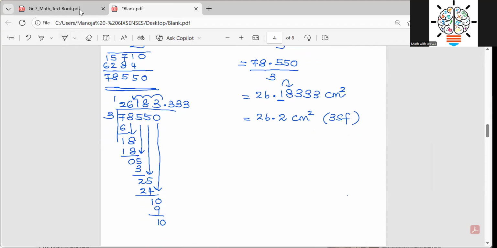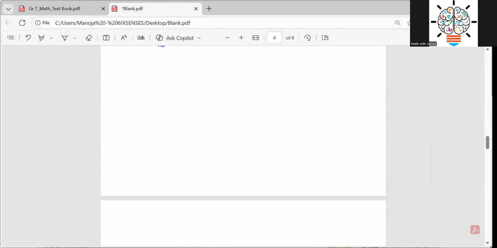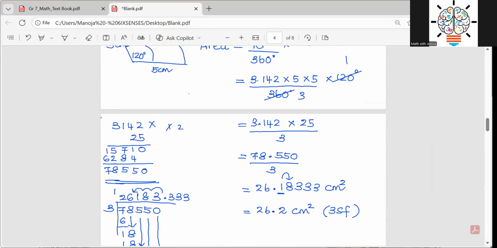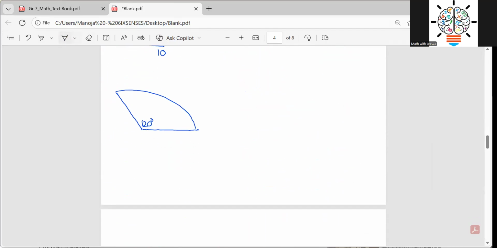Then we will go to the perimeter value. How are we going to get the perimeter when you have this kind of shape, children? You have something like this, right? This is 120. And what was the radius we had over there? It is 5 centimeters, 5 centimeters and 5 centimeters.